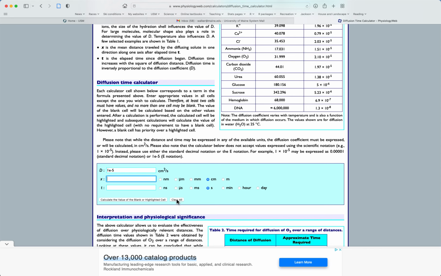Clear all and redo it. 2.1, x is a half micron. We want it in microseconds. Calculate. So our answer is 59.5 microseconds, the average time of diffusion for the system of particles.